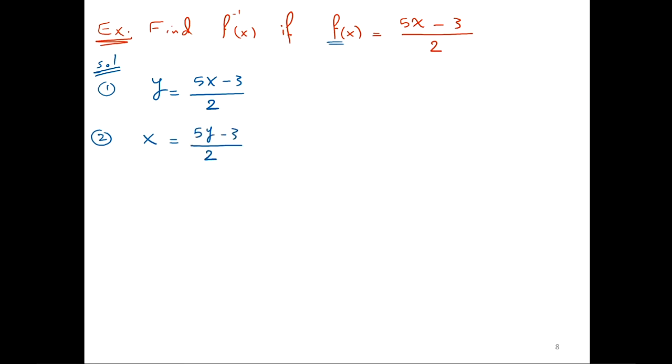Now we need to keep y alone on the left-hand side or right-hand side, no problem, but we need to solve for y. So we need y equals, not x equals. So step 3: firstly, this is over 1, so we have 5y minus 3 multiplied by 1 and x multiplied by 2, so we have 2x.